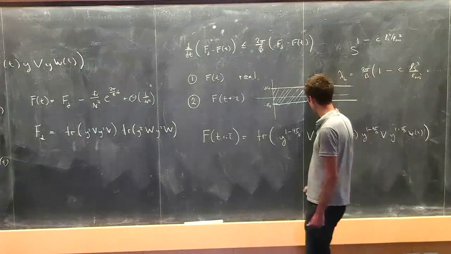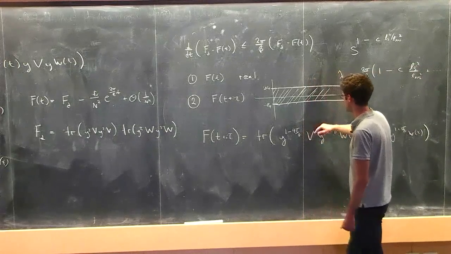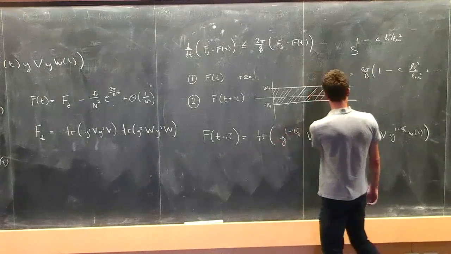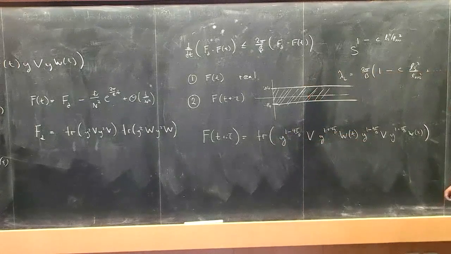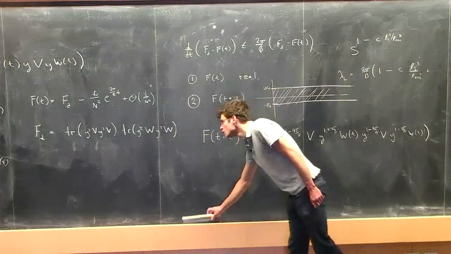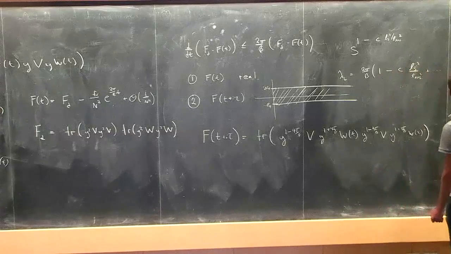Okay. And if the magnitude of tau is less than beta over 4, then this is an analytic function. Good.